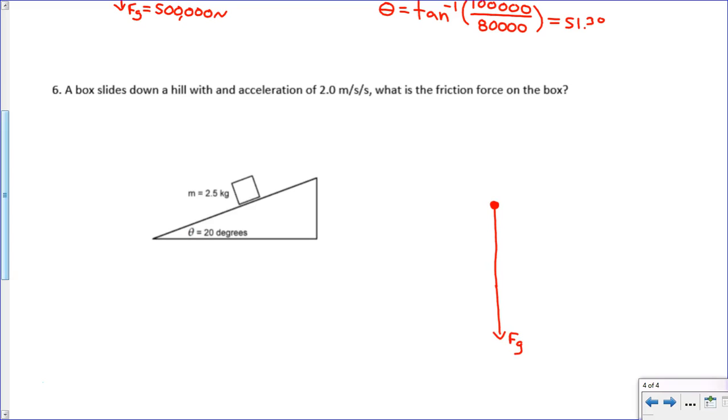All right, additionally, on this one, there's a normal force. On these inclined plane problems, you've got an object sitting on a hill, so there's always going to be a normal force. That normal force is going to be going up and to the left, and actually I kind of want to slope it even a little bit more, because if I think about the direction that this is going to go in comparison to that plane, I think that this looks a little bit better.